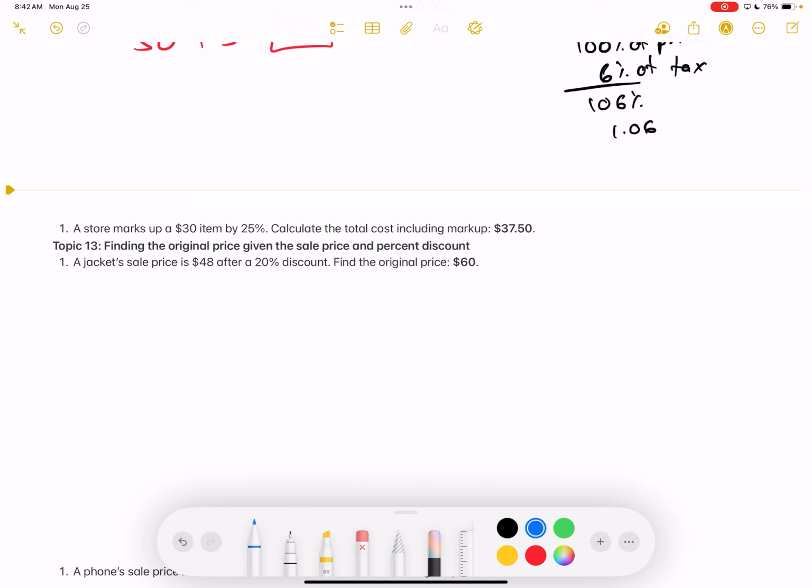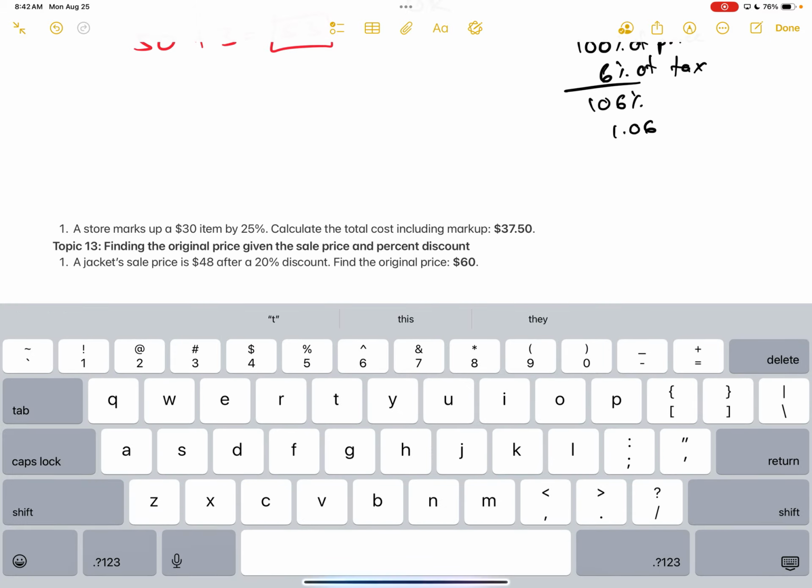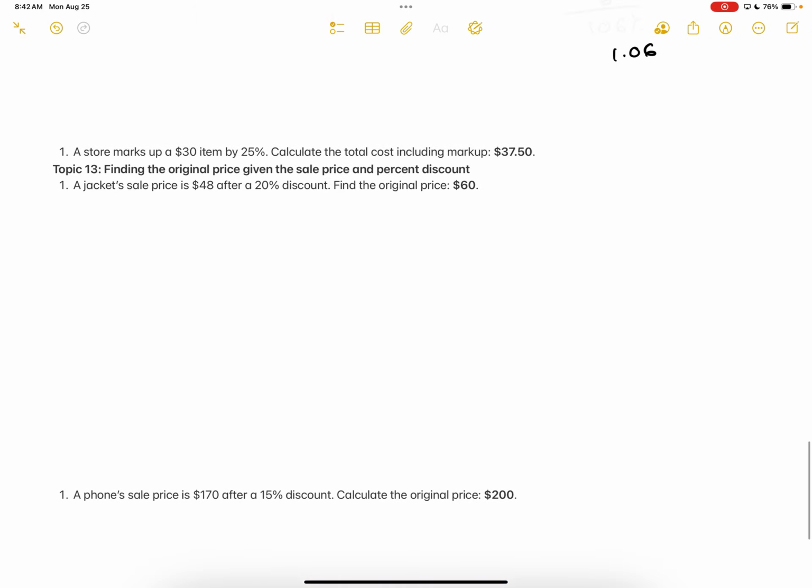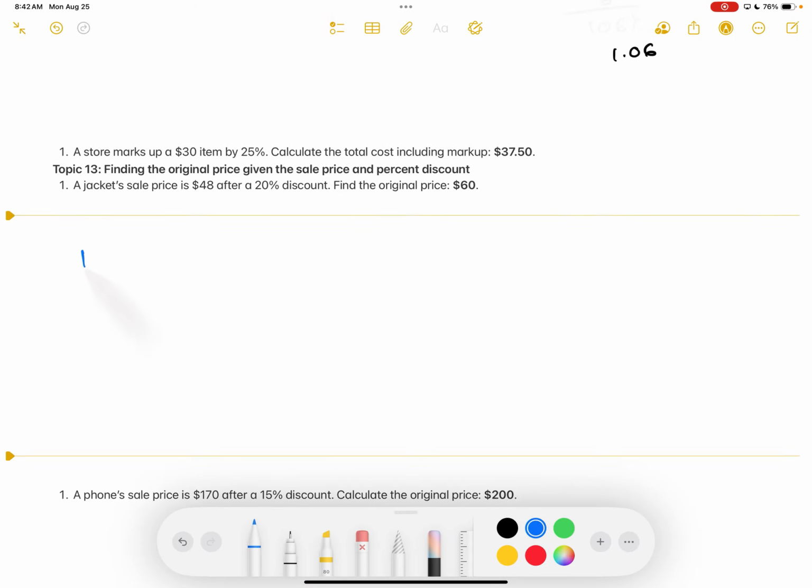So with a 20% discount, we paid 48. Now here's the trick to this. If we multiplied on the last one, we want to divide on this one. I do 100% minus the 20%, so we paid 80%, right? So if I do 48 divided by 0.8, that will give me 60.